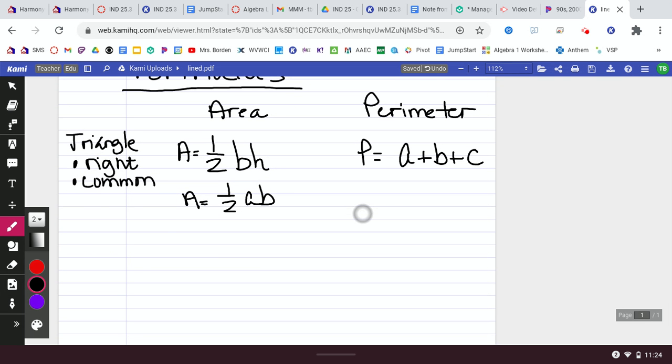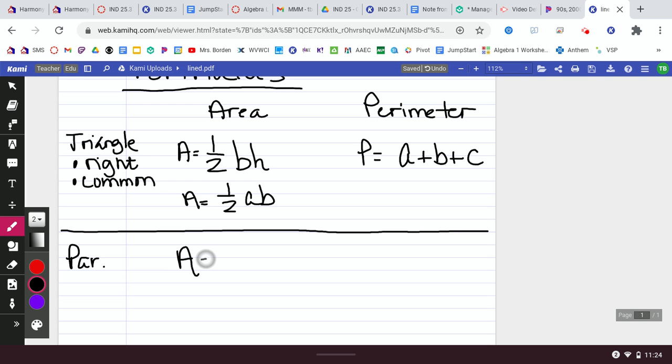For the next one, we're going to have area of a parallelogram, and I'm going to abbreviate here. Area of a parallelogram is really nice because it's simply base times height. Well, let's not do base times height.